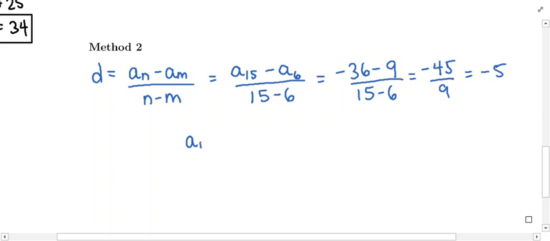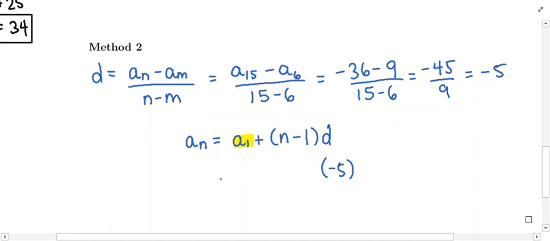To get the nth term, you need to take A1 and add n minus 1 times D. We're solving for A1, and we know the D value is negative 5, so we're going to plug that in.